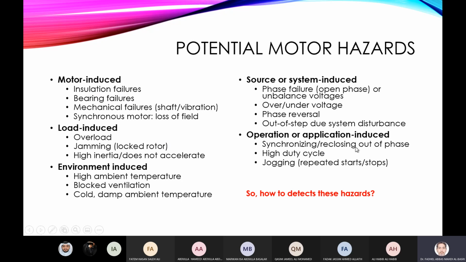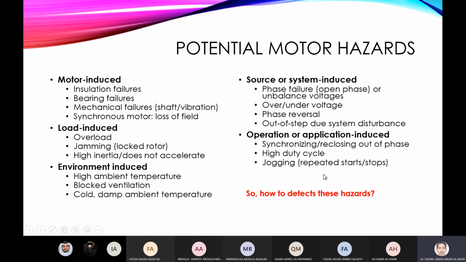Suppose like induction motors, normally the larger ones, if you stop them or you lose the supply, and before the speed drops to 33%, you try to energize it again, that may produce a transient current that is a very high current and is damaging.